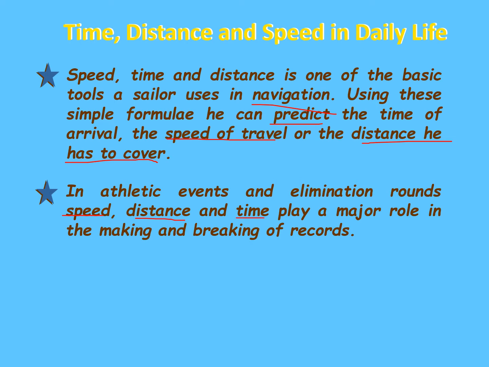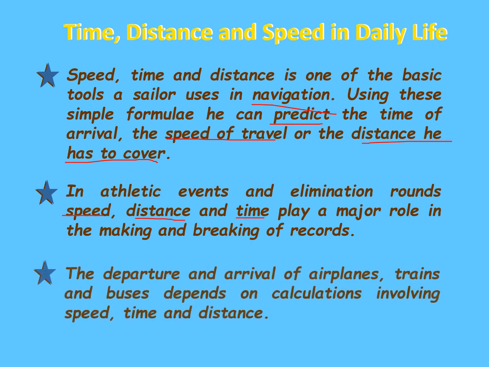Next, the departure and arrival of airplanes, trains, and buses depend on calculations involving speed, time, and distance. If you buy a plane ticket, you can see that you have your departure time and arrival time.